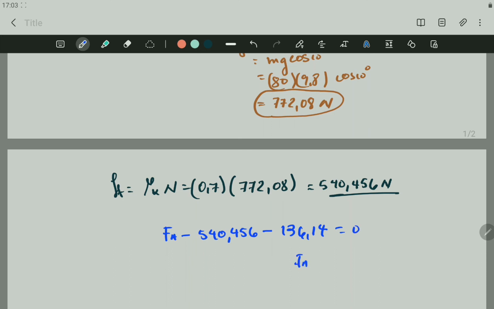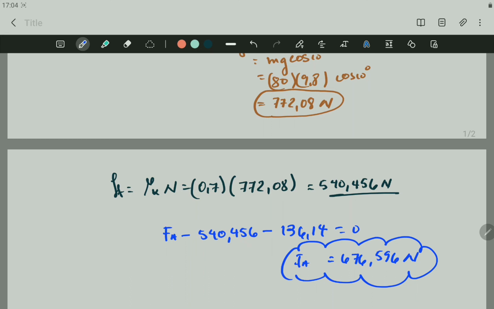So the applied force is equal to the addition of those two numbers, which is going to be equal to 676.596 Newton.